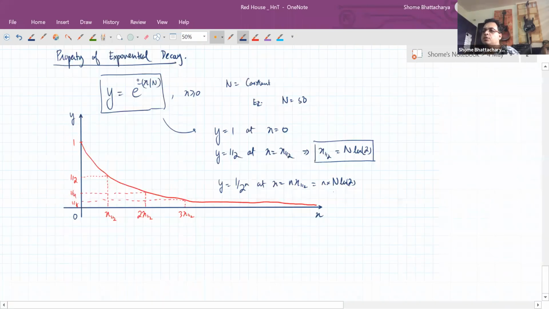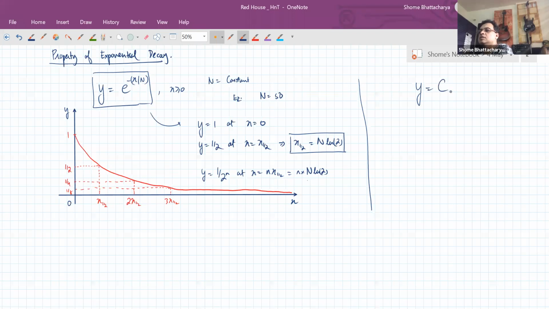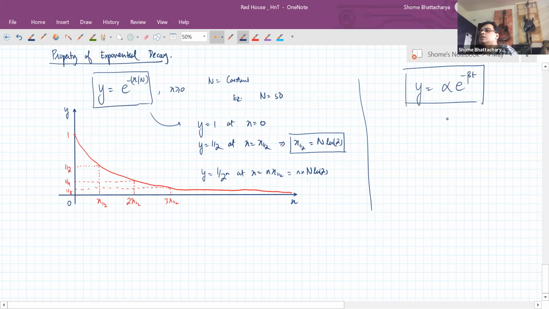This is the property of the exponential decay. So I'll relate it with this also. So for example, if we had a graph like this, where we have some parameter like y, which is some constant, let's say alpha, into e raised power minus some constant beta into time. So you can see that beta is a constant which has dimension of time inverse.